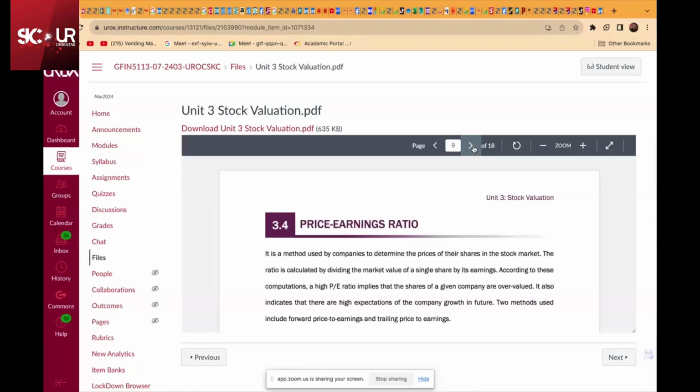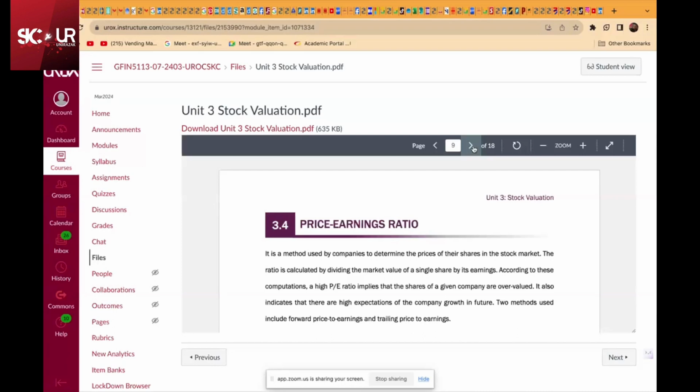Normally earning per share is shown in the company's income statement, at the bottom of the income statement. If you take the share price based on the last traded price divided by the earning per share, you will get the price earning ratio.